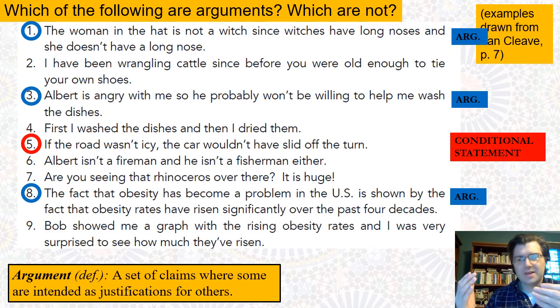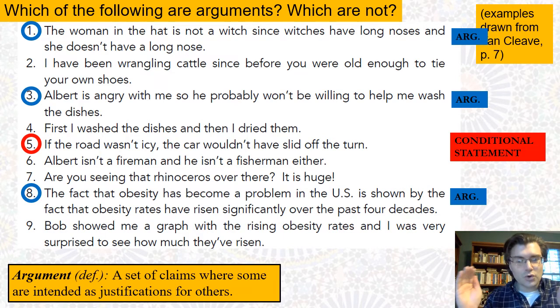Okay, so if the road was icy, the car wouldn't have slid off the turn. The claim that's being made is about a connection between two possible things that can happen. It's saying if some state of the world was the case, then some other thing would follow. It's making a claim about a relation between possibilities, basically. So it's saying when the world is a certain way, then these other things follow.